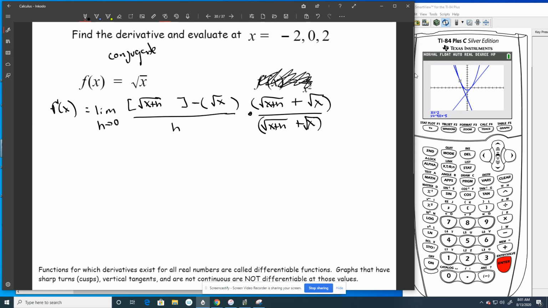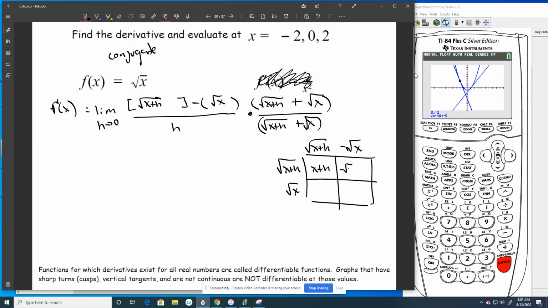So let's see what happens. On the top, a couple of ways we can do this. We're foiling. Remember, some stuff is going to cancel out. But to show you that one more time, let's just go ahead and use our table here. I've got the root of x plus h and negative root of x. And then here I've got the root of x plus h and a positive root x. So when I multiply these two together, I'm left with x plus h. Root of x plus h times a negative root x is negative root x times root x plus h.